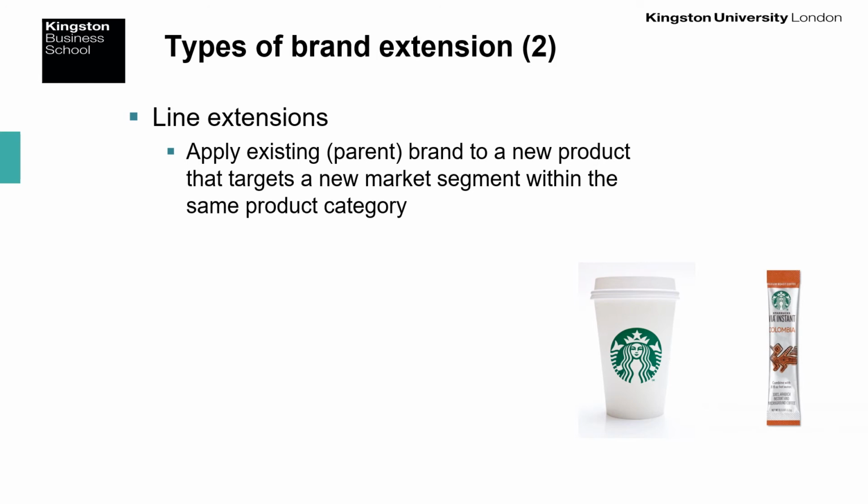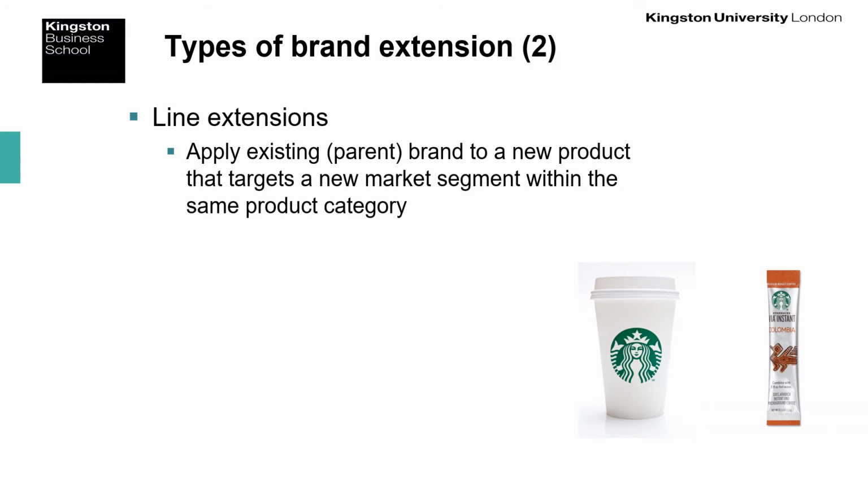The example I'm showing here is Starbucks. Starbucks extended into instant coffee. It's still the coffee market, and so it's a line extension. It's the same product category. The new market segment might not necessarily be different people. Do remember that markets can be segmented behaviourally.